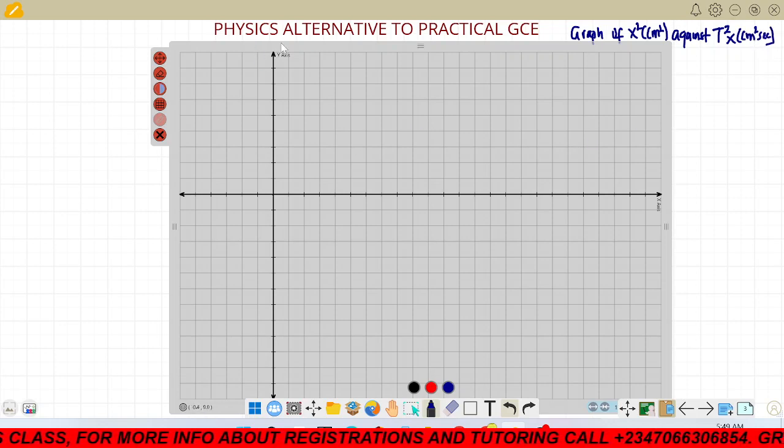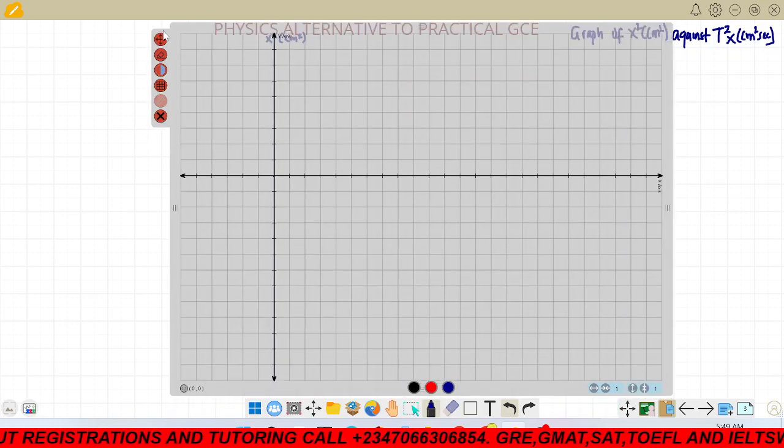So that's my graph. So here I'm writing x squared in centimeter squared, and down here I have to reduce this so that we have space.